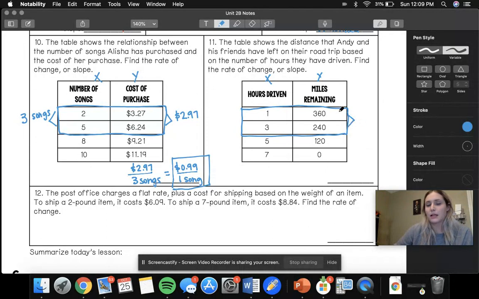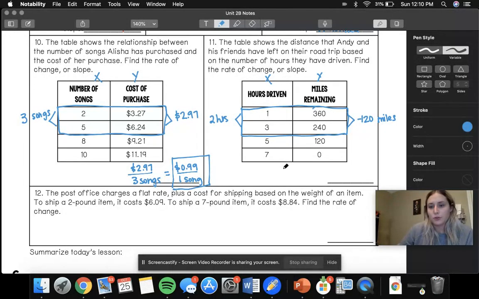So we can ask ourselves, how do we go from 360 miles to 240 miles? I'm just going to subtract 240 minus 360, and I get negative 120, so negative 120 miles. And then I ask myself, how do I go from 1 hour to 3 hours, which would be 2 hours?